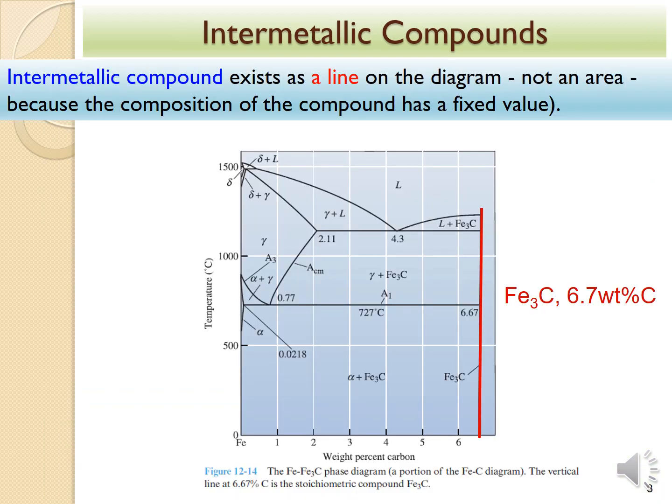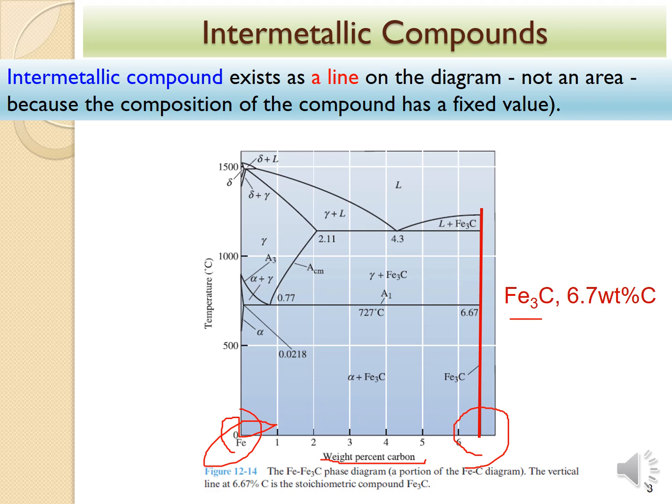What you see here is the iron-iron carbide phase diagram, which is part of the iron-carbon phase diagram, because if you look at the composition axis, which is the weight percentage of carbon, it's not from 0 to 100, but only from 0 to 6.7 weight percent of carbon.